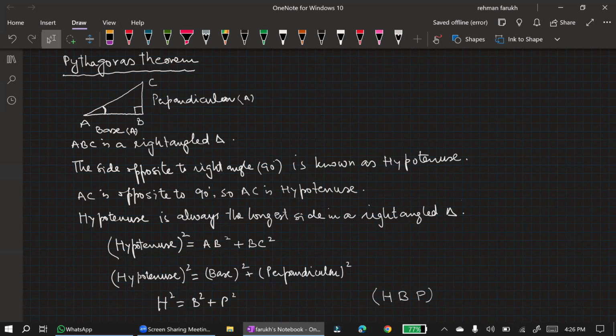We don't have to prove it, just use it. This one is a fact we know about the right angle triangle. The proof is not included in your syllabus. We will just use this rule to find out whether this triangle is a 90-degree triangle or not.